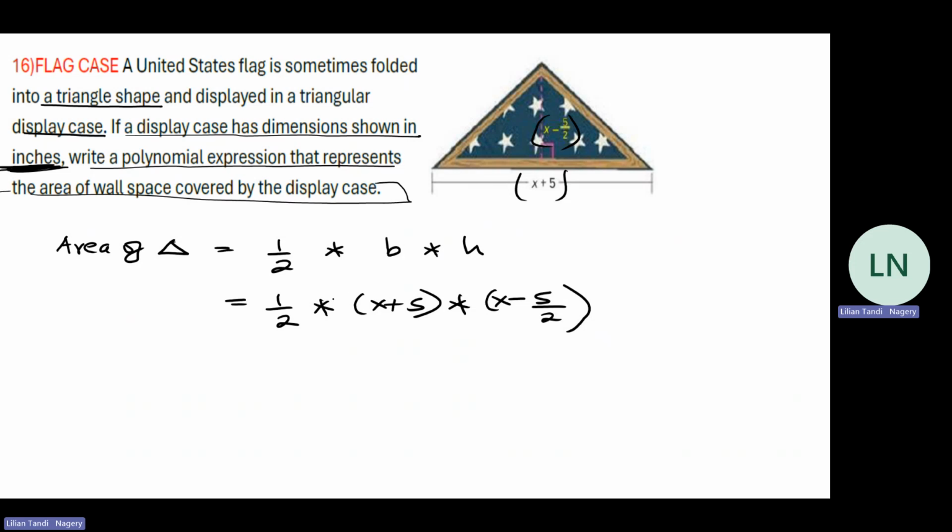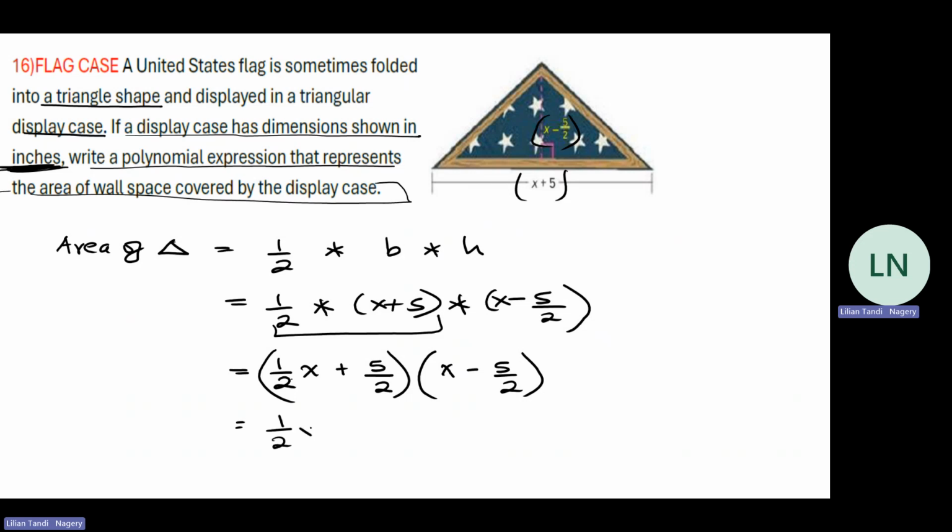So you can either do this first, and then after you get the answer, you do the answer together with the last bracket. So this will be a half, x plus 5 over 2. Then here you're going to get x minus 5 over 2. A half x times x. So we're going to do distributive property.